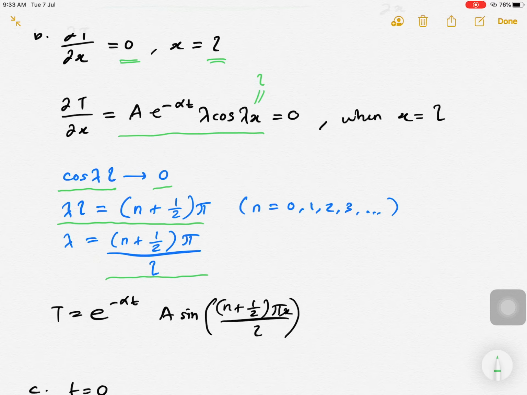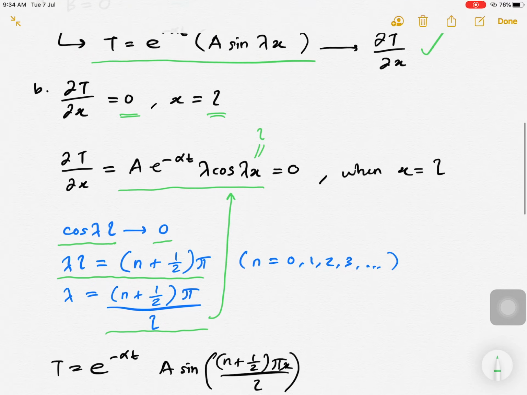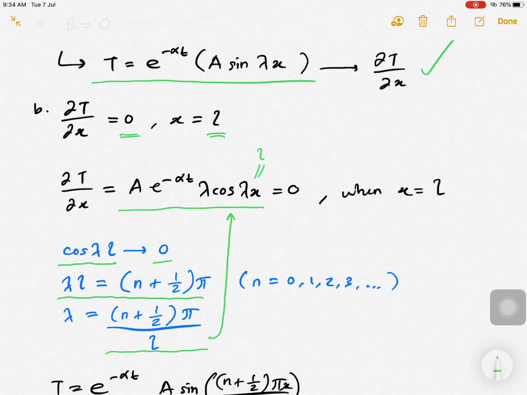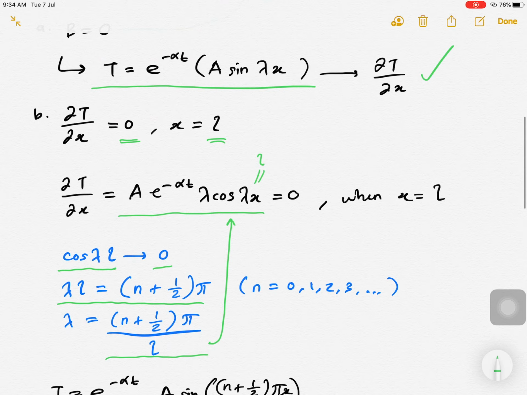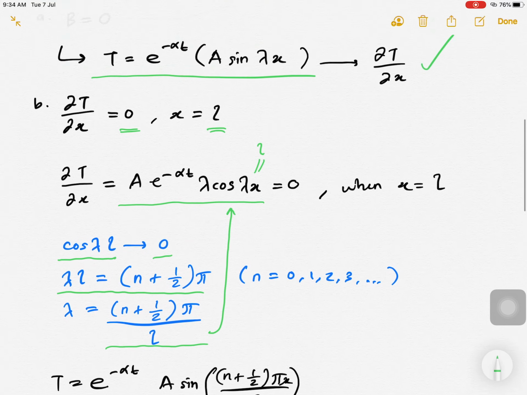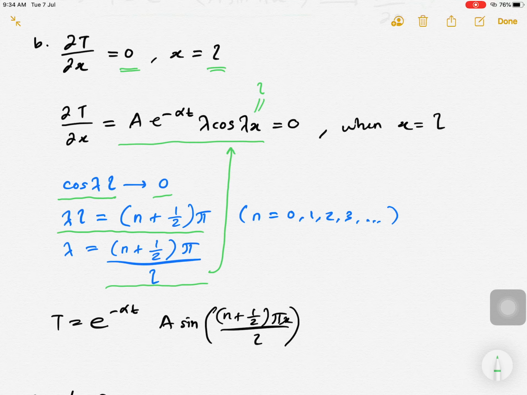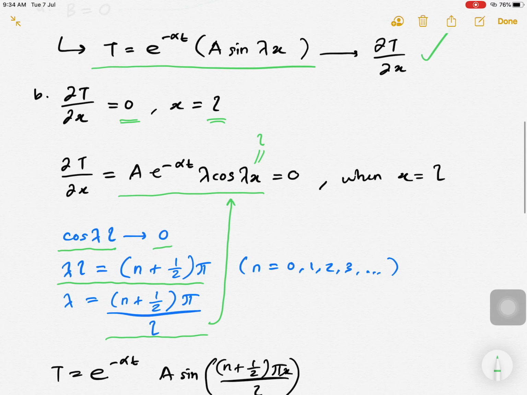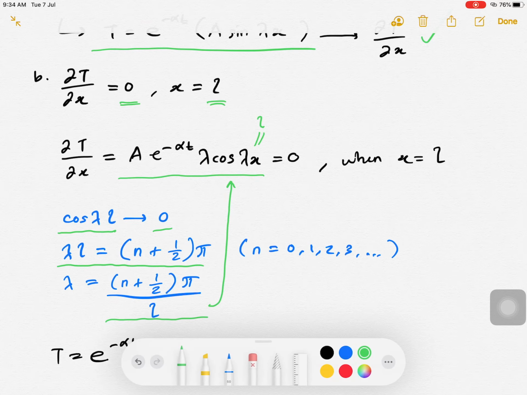So we put this back to this equation. Okay, so no, I think I made a mistake.